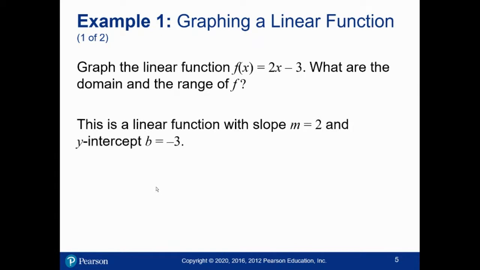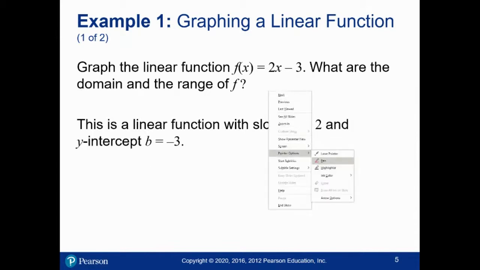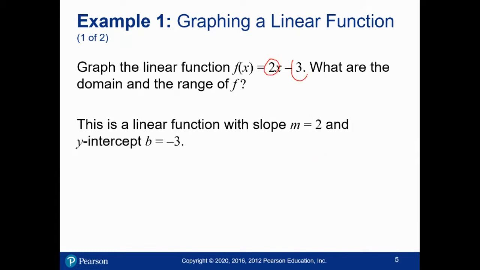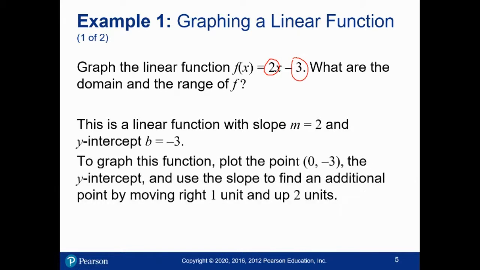So this is a linear function with slope 2 and y-intercept negative 3. We see that just from the 2 and the minus 3 right there. If we want to graph the function, we can plot any point we want.